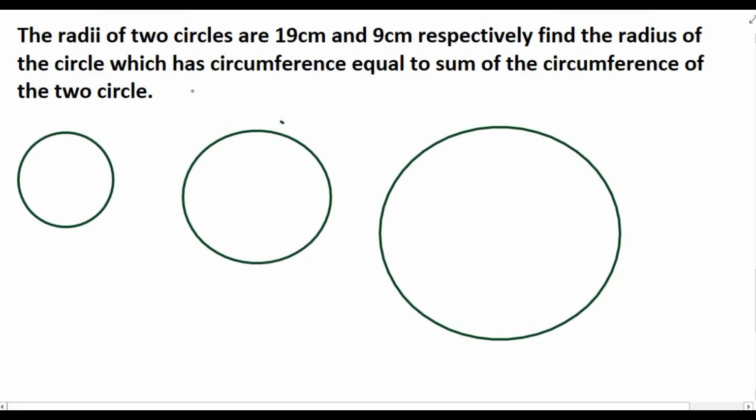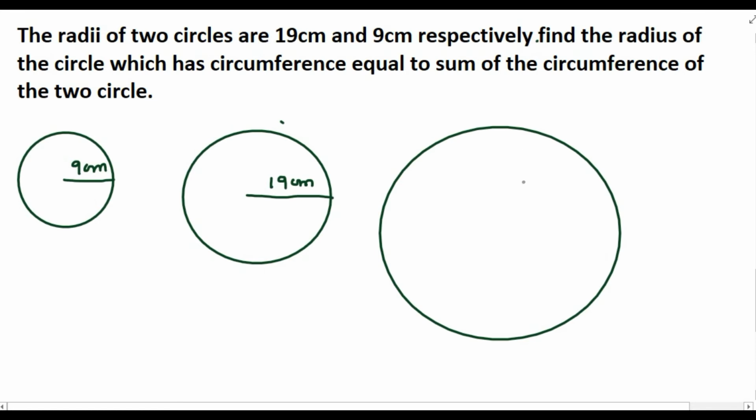Now let's do some problems. The radii of two circles are 19 cm and 9 cm respectively. Find the radius of the circle which has circumference equal to the sum of the circumferences of these two circles.